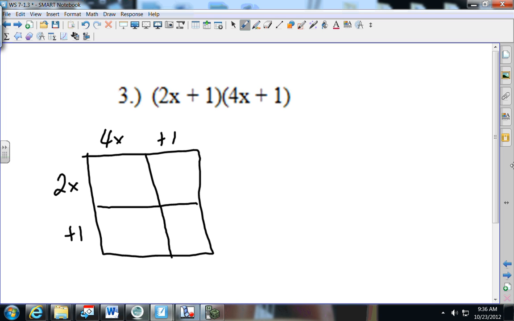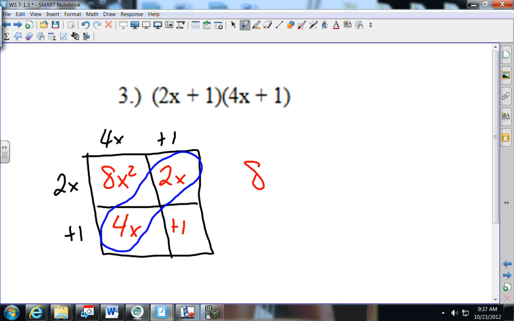So now I'm going to go and look, and right here I'm going to put 2x times 4x, 8x squared. 2x times 1, 2x. 1 times 4, 4x. 1 times 1, positive 1. Put the x's together right here. I get 8x squared plus 6x plus 1. And you would check that in the calculator.